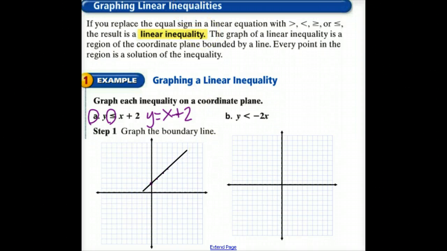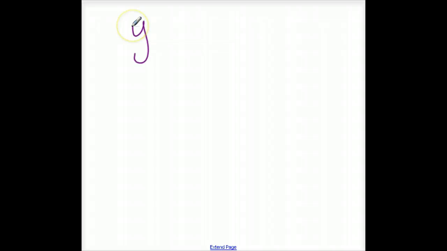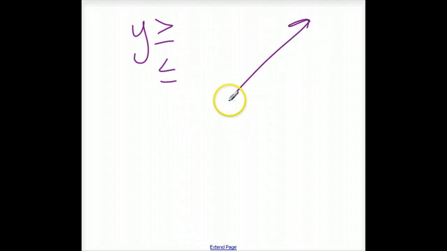Okay. Now, here's the important part to learn. If you have an inequality with a greater than or equal to or less than or equal to symbol, you are going to make a solid line.